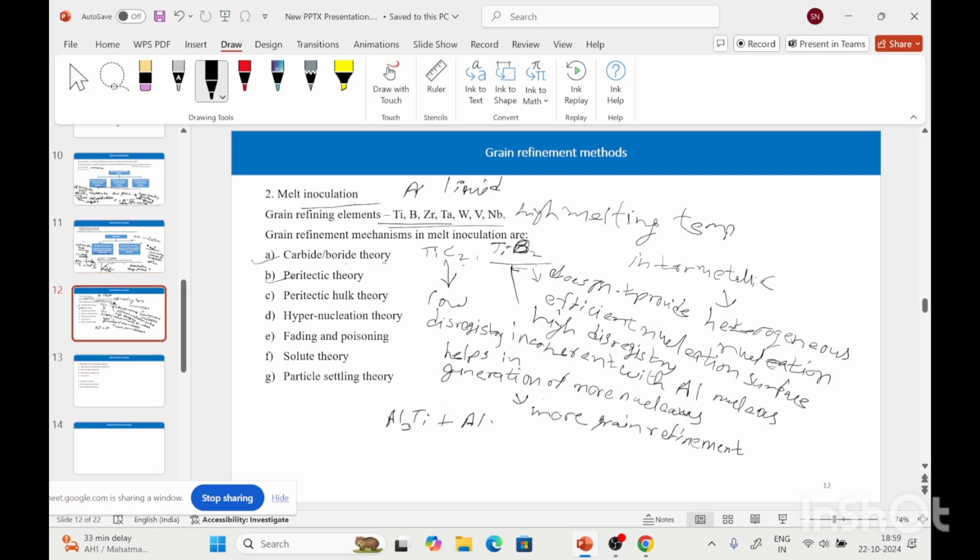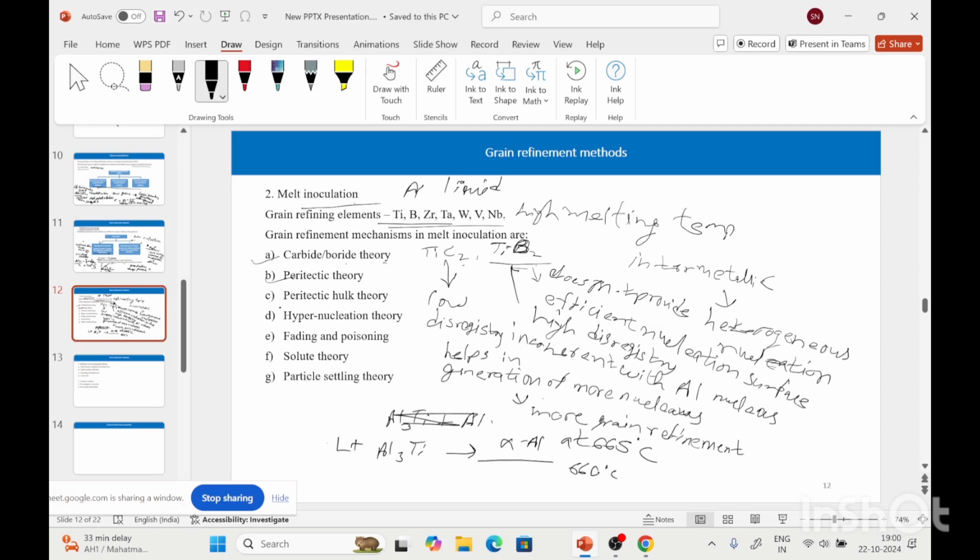Al3Ti plus liquid provides the alpha aluminium nucleus at 665 degrees Celsius, and the solidification temperature of aluminium is 660. So this reaction happens before the solvus temperature is reached. This is how it contributes in the nucleation process.